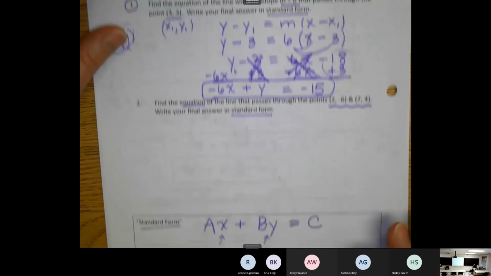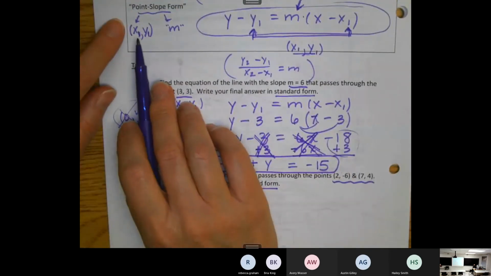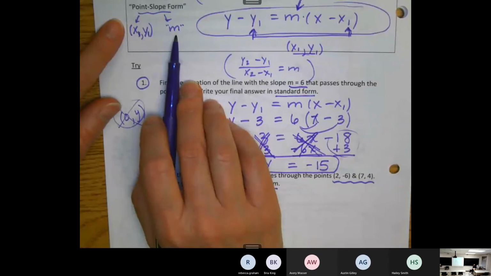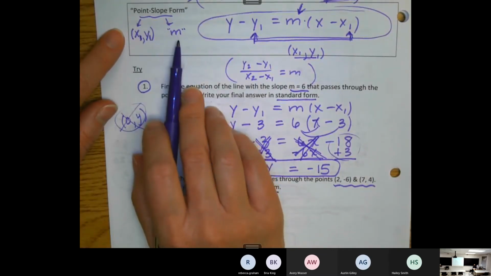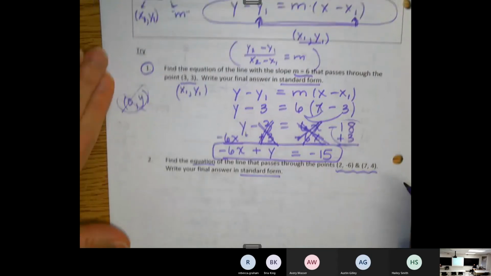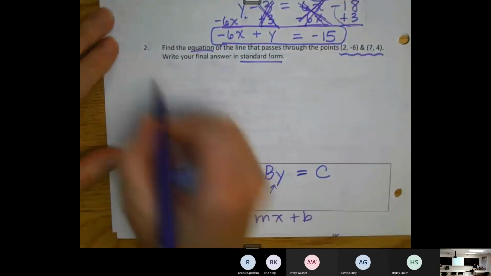Remember we said to use our formula up here. We need a point and we need a slope. They gave us 2 points, but they didn't give us any slope. So it's really up to us to find that slope to get started, which is no problem since they gave us a second point.